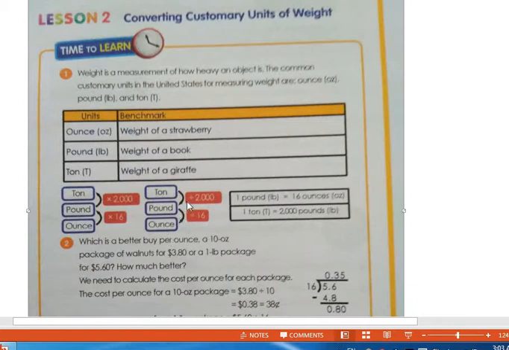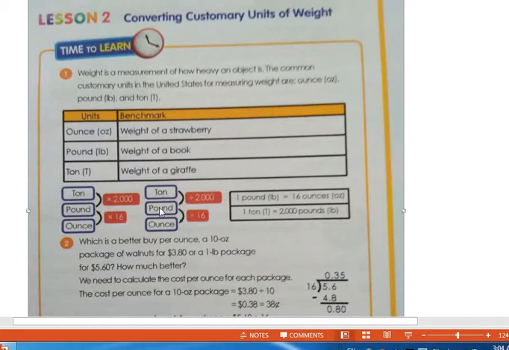As I told you before, when we convert from a larger unit to a smaller unit, we multiply. Yes Khadija, when I convert from a greater unit to a smaller unit, I multiply. And vice versa, when you convert from a smaller unit to a larger unit, you divide.